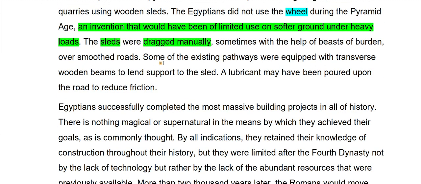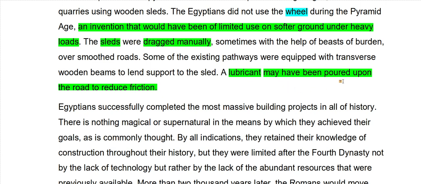Okay, we'll move forward. Some of the existing pathways were equipped with transverse wooden beams to lend support to this sled. A lubricant, here is our keyword, lubricant may have been poured upon the road to reduce friction. So here you can easily deduce that if you want to reduce friction, meaning to say if you want to help in transportation, they may have poured something on the road.